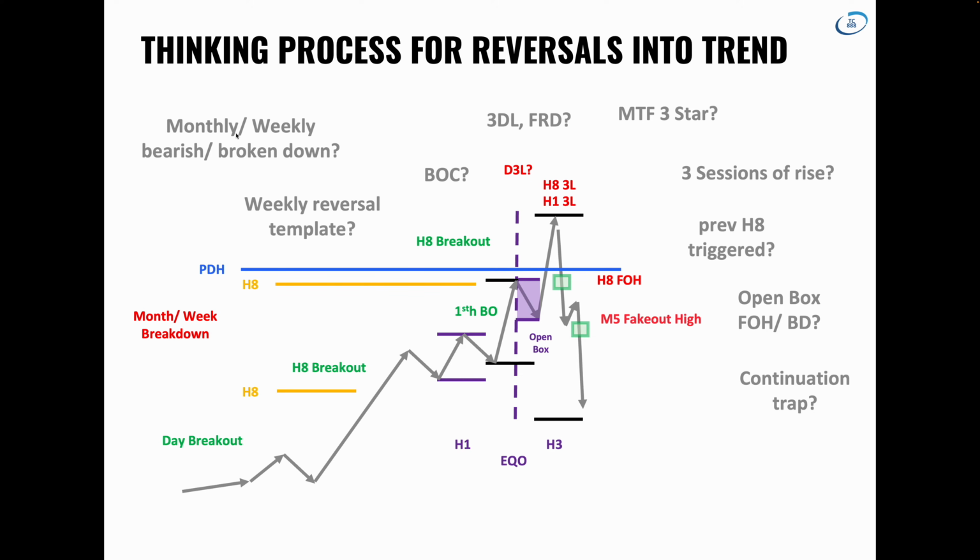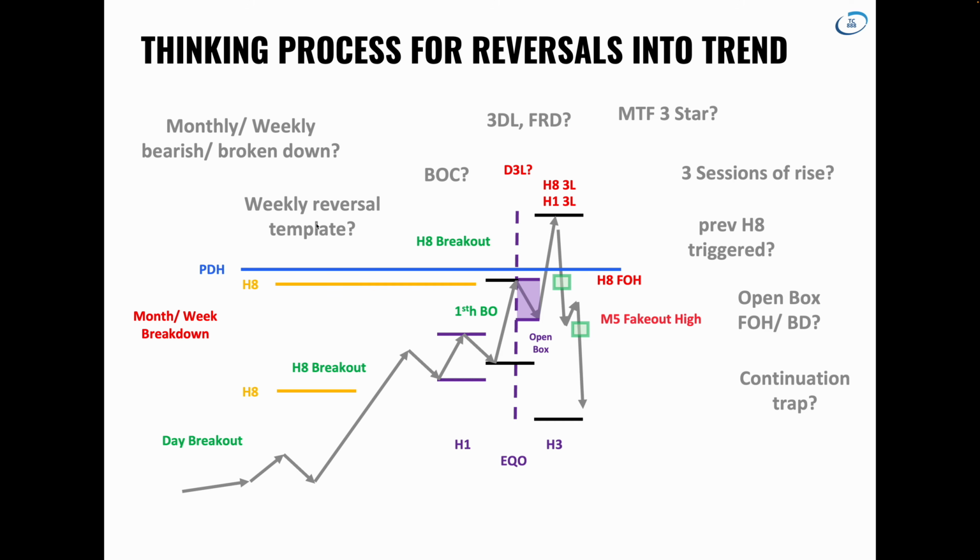And in this case, of course, we look at the daily chart with my 5-star screener. We will do that later. And we check if we have this weekly low-hanging fruit situation. So do we have a monthly, weekly bearish or broken down? And at the same time, it's pulling back up again. So do we have a breakout sequence coming back up into the level?